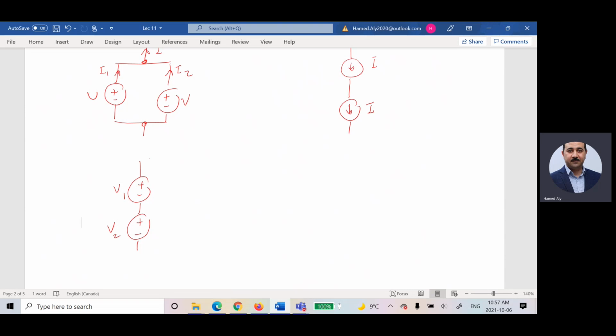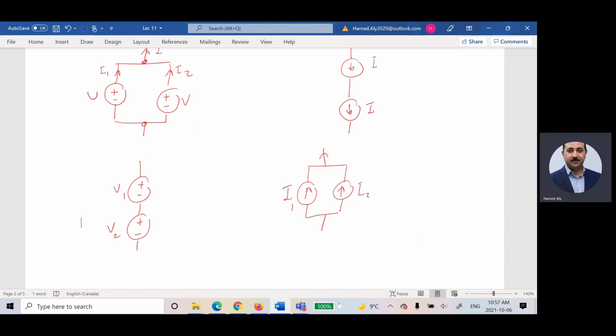But what about if I have, for example, two current sources like that? If this guy is I, should this guy be I? No, it doesn't matter for two current sources connected in parallel, because at the end, the total current here will be equal to the summation.